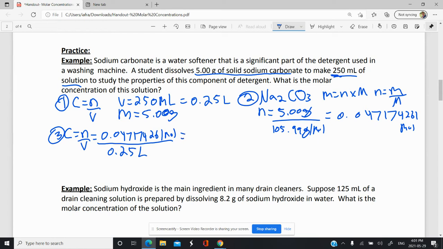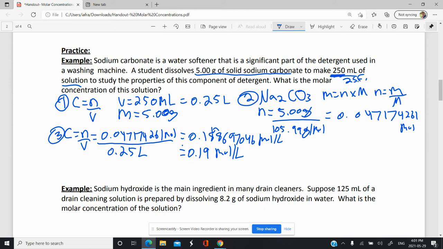So divided by 0.25, and we get 0.188697046 moles per liter, which is approximately, according to sig figs, we need 2 sig figs max, so 0.19 moles per liter. So that's how we would go ahead and prepare our solution.